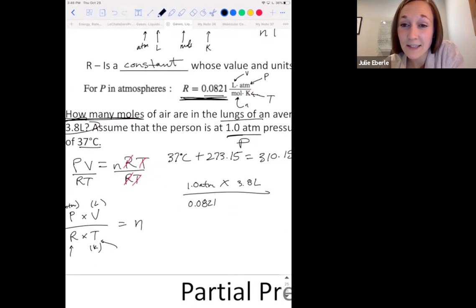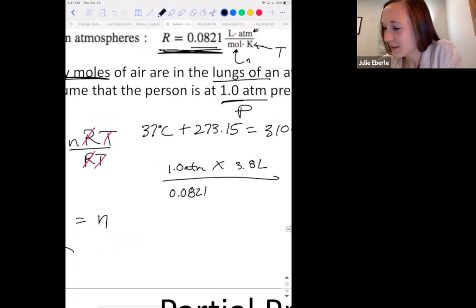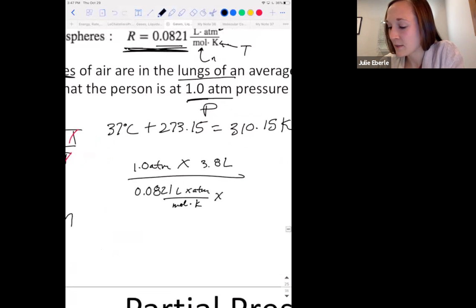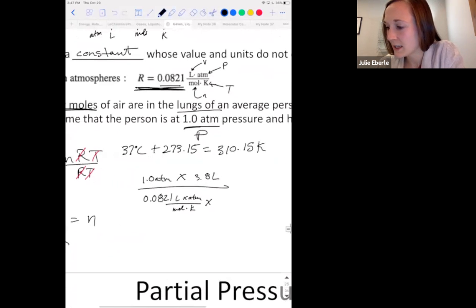And yes, you have to write in all the units. If I make this a free response question on the exam and you choose to write in no units for R, I will happily mark you wrong. That's so rude, isn't it? But it's rude to me when you forget your units, all right? Liters times ATM divided by mole times Kelvin, times our temperature. Don't forget temperature, 310.15.